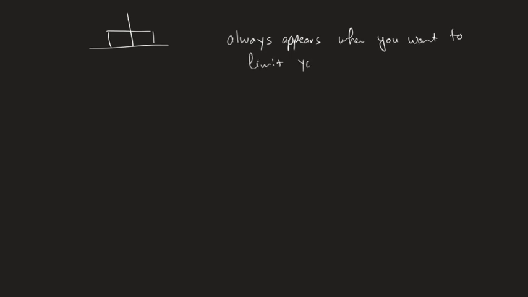So first of all, for example, the square function, whether it's centered around 0 or shifted or whatever, always appears when you want to limit your time domain signal, right?